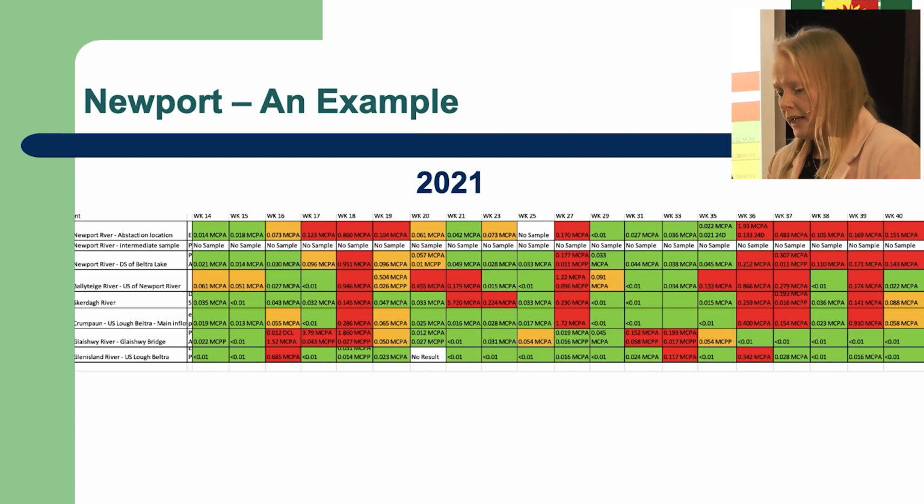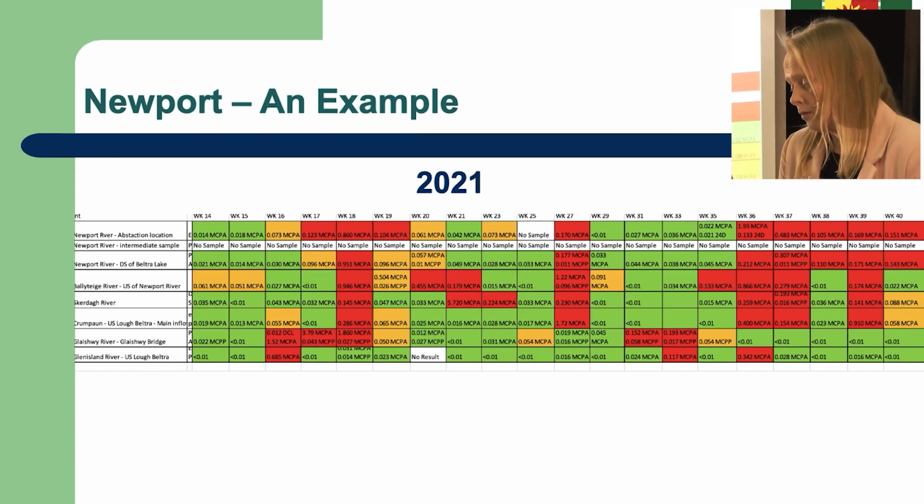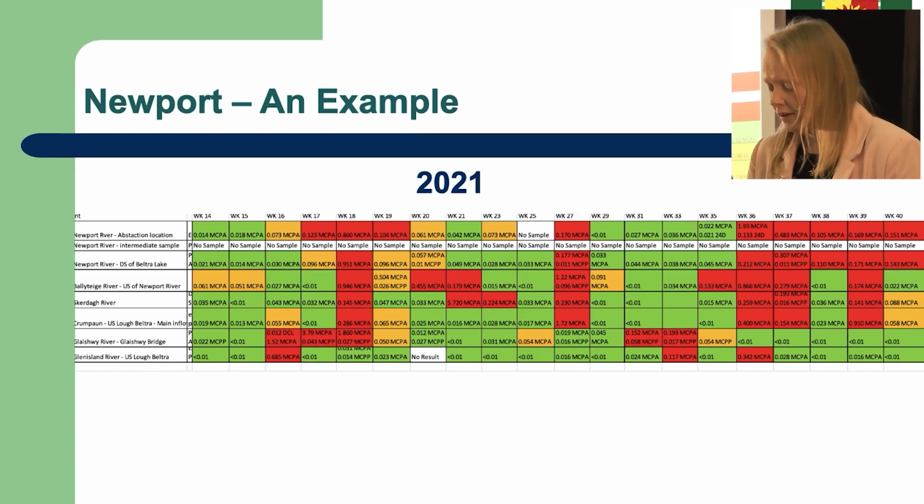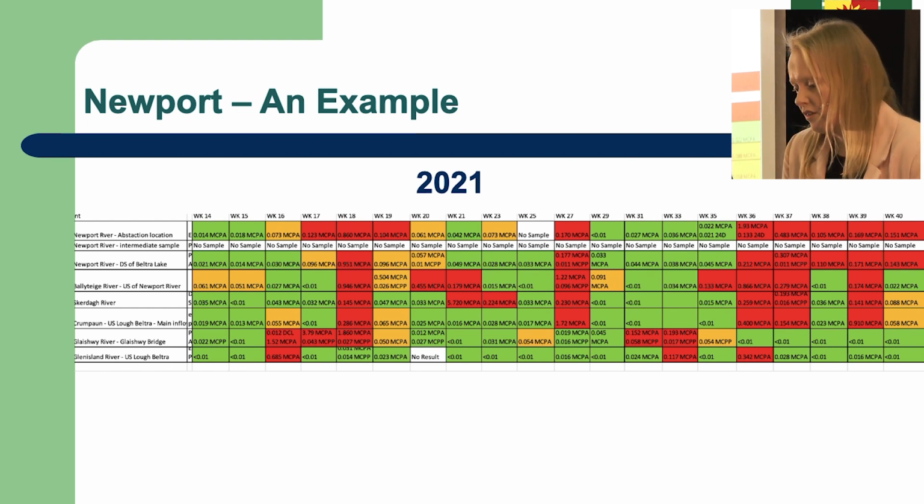The amber colouring is a reading that has come in between 0.05 and less than 0.1, and the green then is anything up to 0.049 micrograms per litre.